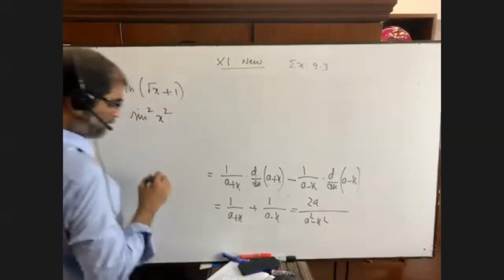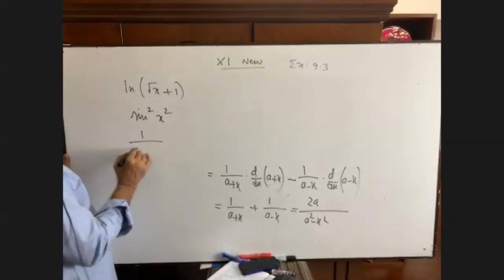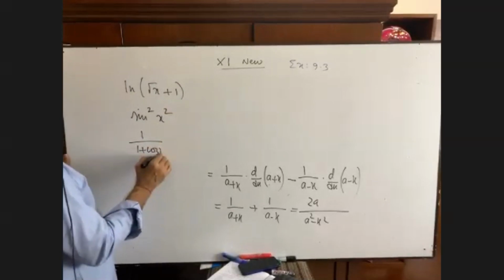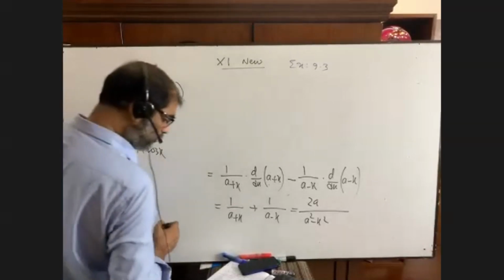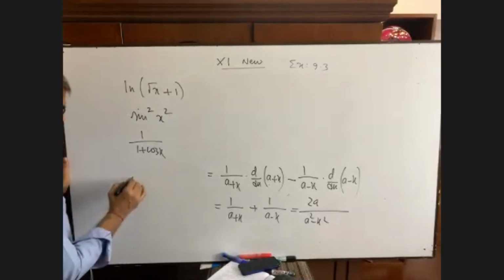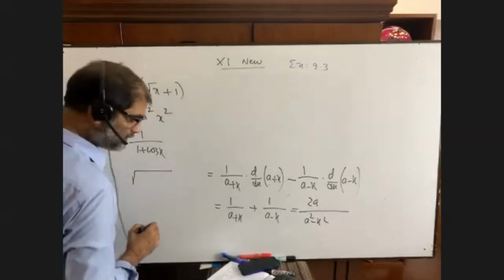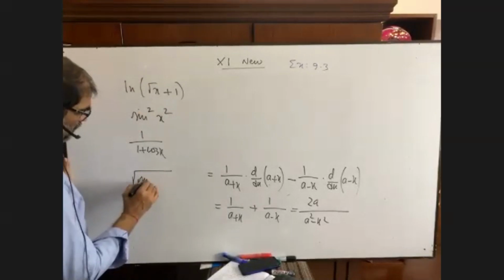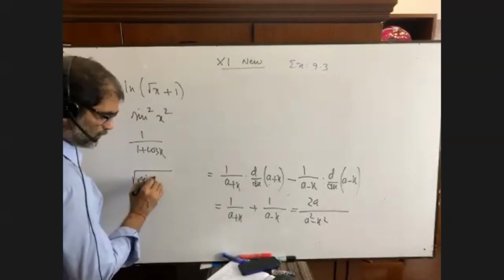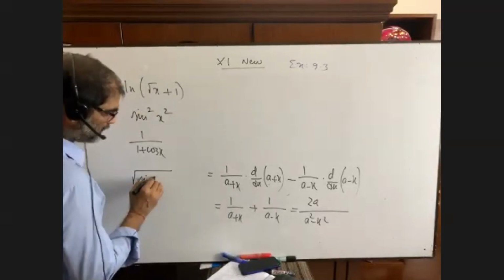Then it is 1 by 1 plus cos x. Of course. But interesting fact is that none of you will be able to do more than one math.